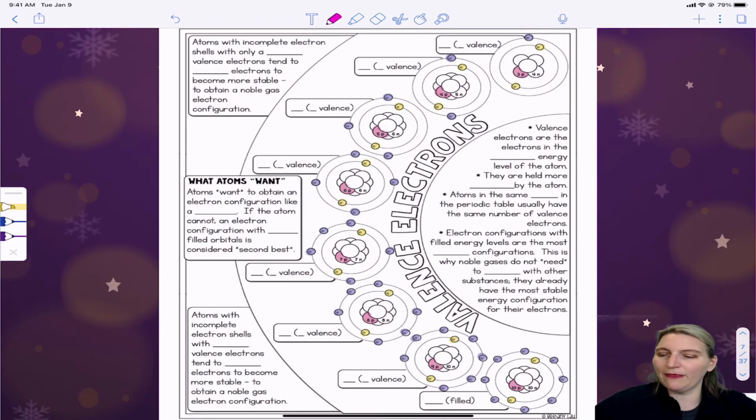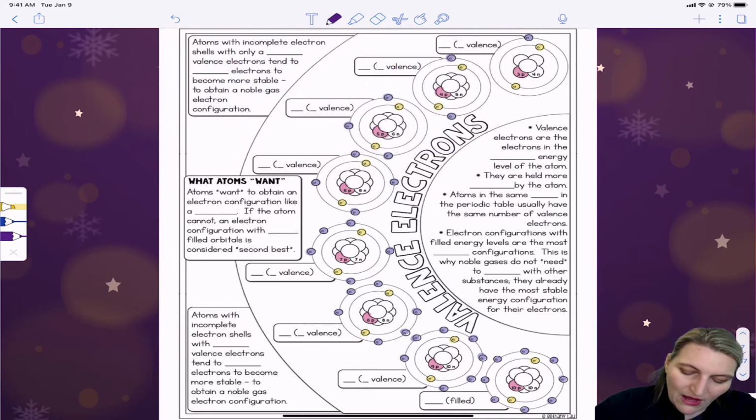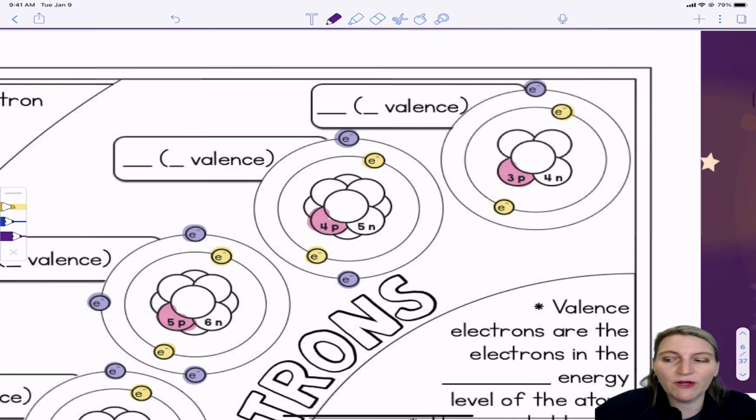So just looking a little bit more at valence electrons here. These are the valence electrons in the second period of the periodic table. So we can start with, in the upper right-hand corner, if we take a look at this element, 3 protons. Well, 3 protons means that it is lithium.